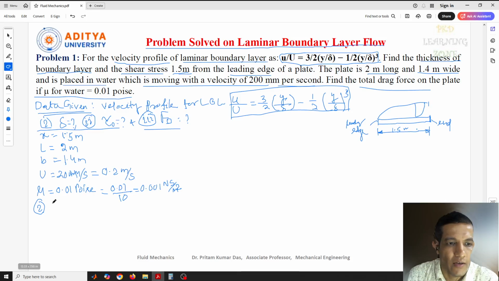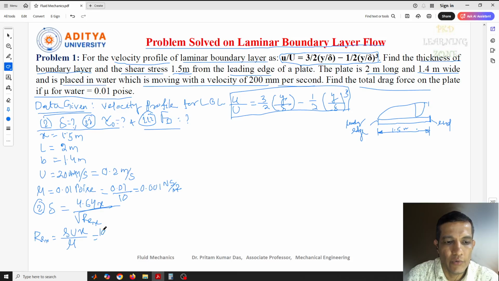One formula was derived from this equation in the last lecture. So delta is 4.64 into x divided by root over Re x. This is the formula for delta. Now we need to calculate the value of Re x, the Reynolds number, which is rho U x divided by mu.